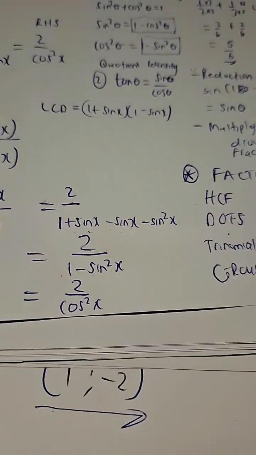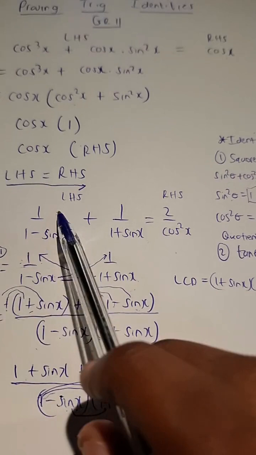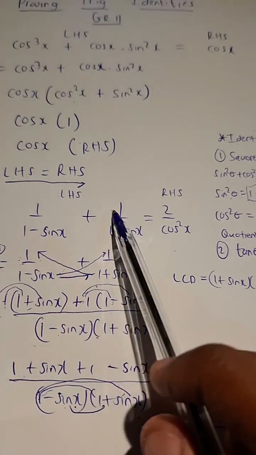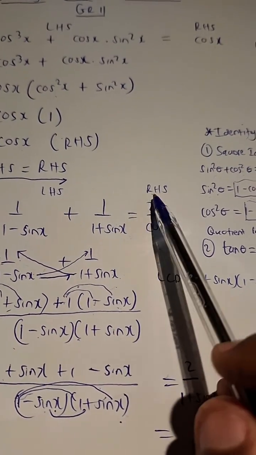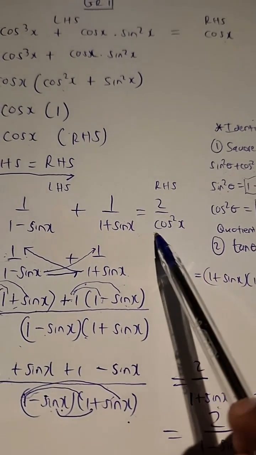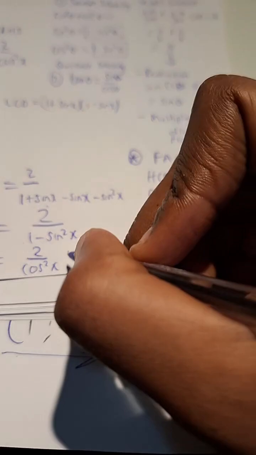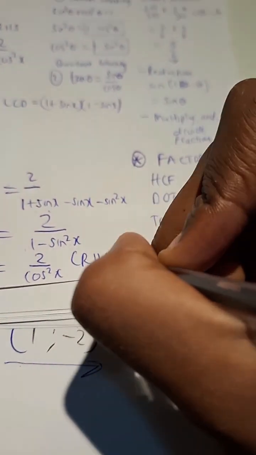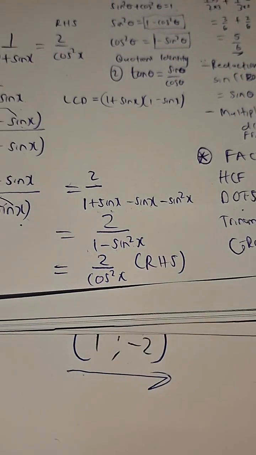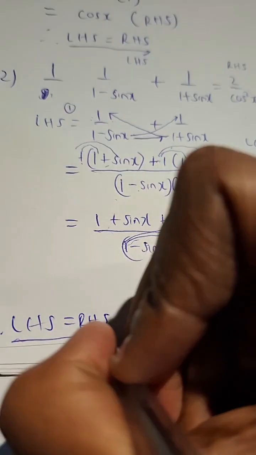If you go back to your question, do you still remember what we had? We said 1 over 1 minus sine x plus 1 over 1 plus sine x is equal to 2 over cos squared x. Ooh, that is the right hand side. So I've just simplified. This is the right hand side. Then I can conclude that the left hand side is truly equal to the right hand side.